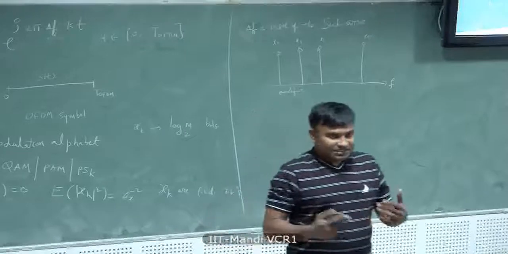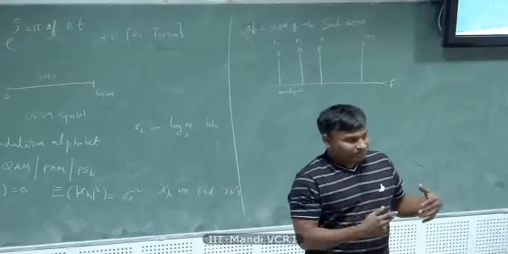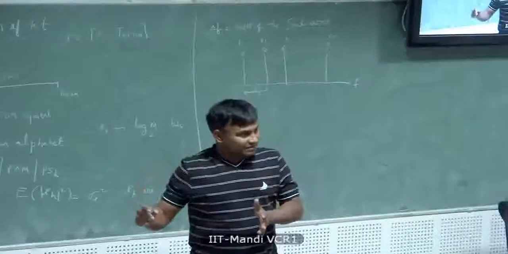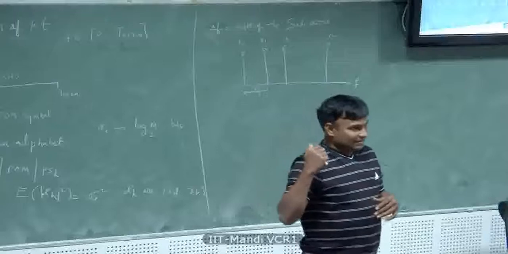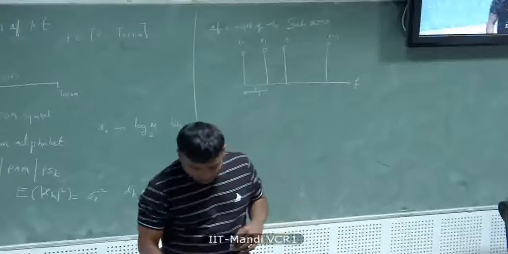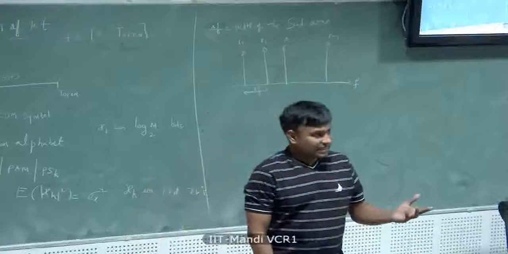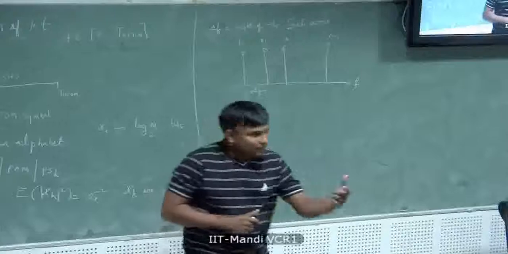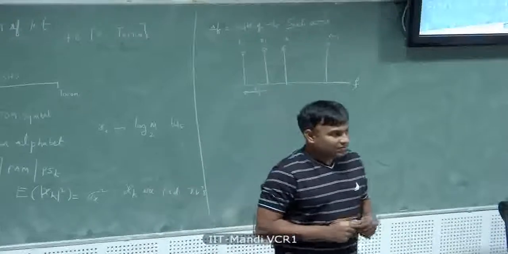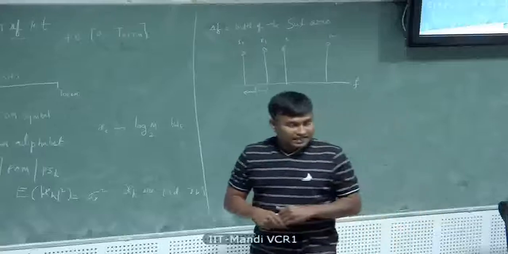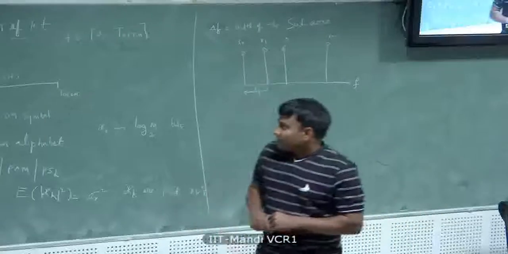If the pulse is sinc in time domain with certain width, it is a brick wall rectangular pulse in frequency domain. Okay, so there is a discussion of Nyquist criteria for zero ISI, and also the minimum bandwidth required to transmit at a certain data rate. These are certain things you learn in single carrier systems.